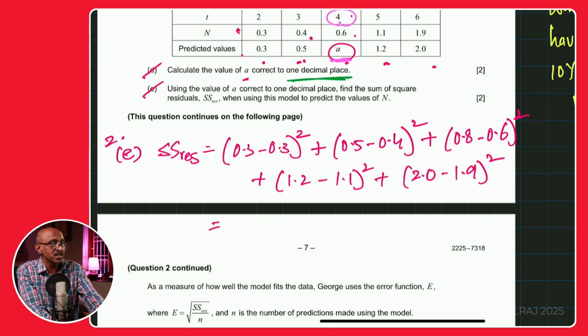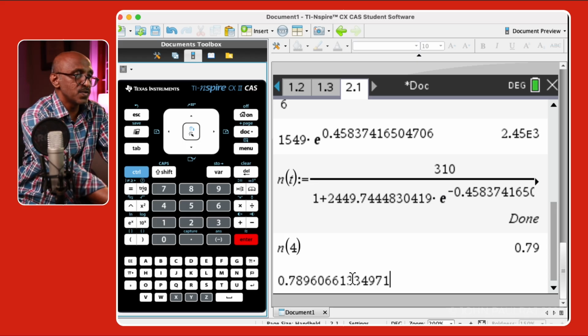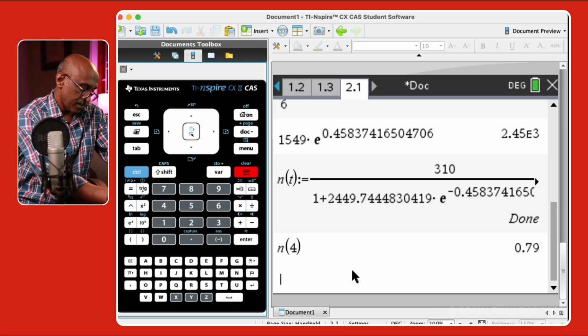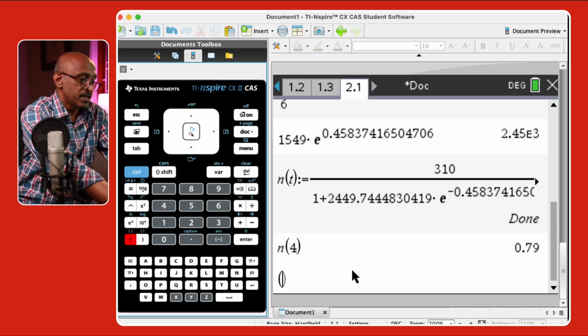So let's just jump to the calculator quickly and see how we can do this part. It does take time to enter.